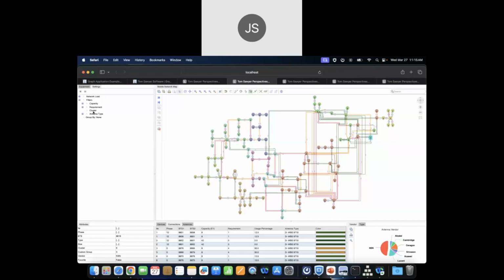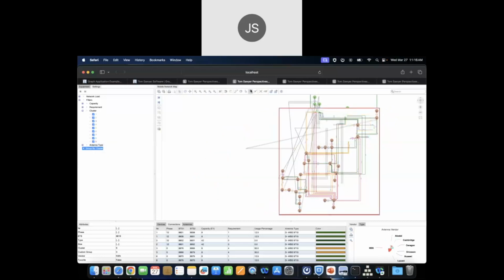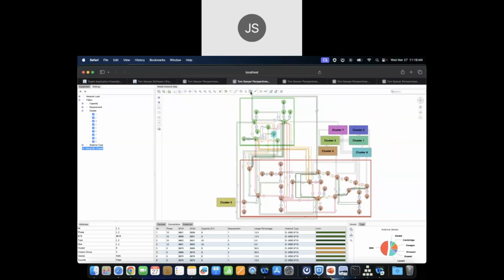So we're going to say group by cluster, and I'm going to apply a new layout. You can see here that we have a summarization, a high level view of what's going on in the backbone of this communication network.